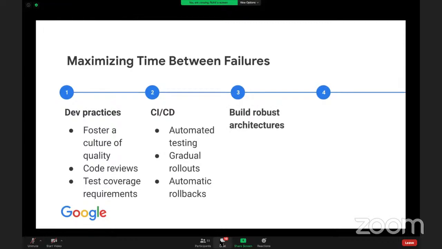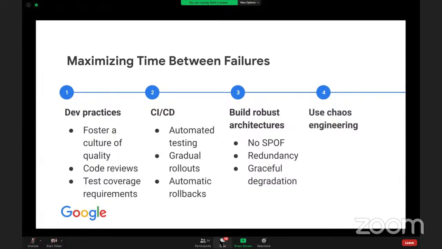Next is about service architecture. What makes your architecture robust? Your architecture is robust if it's continuously serving users despite significant internal failures. Think about redundancy, no single points of failure, graceful degradation. That means reduced functionality during outages, not no functionality at all.